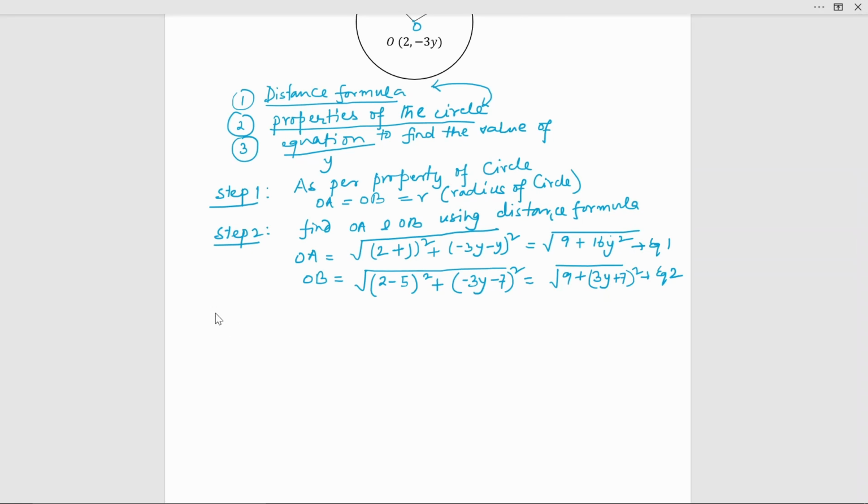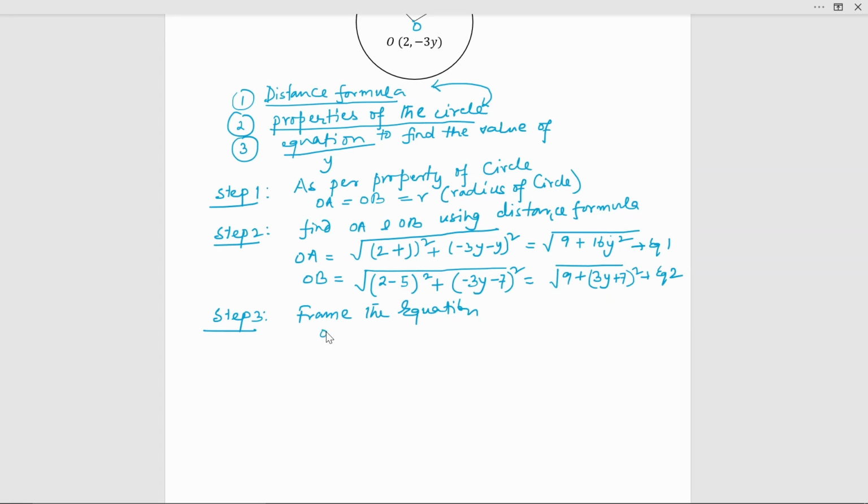So now step 3, we have to frame the equation. So how will we frame it?